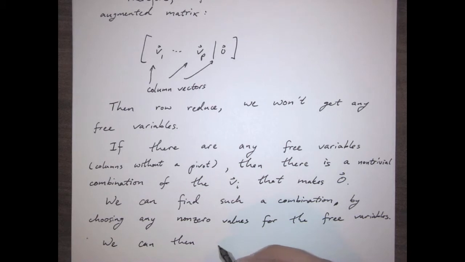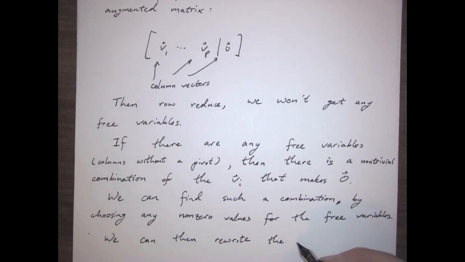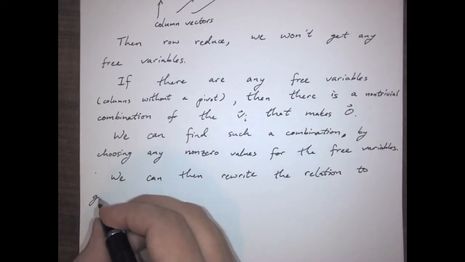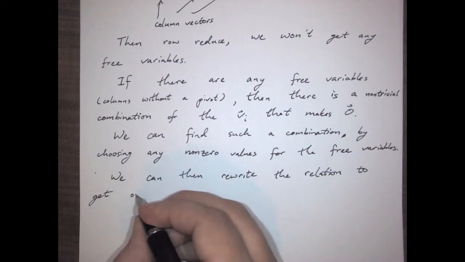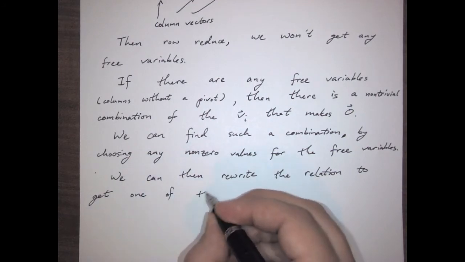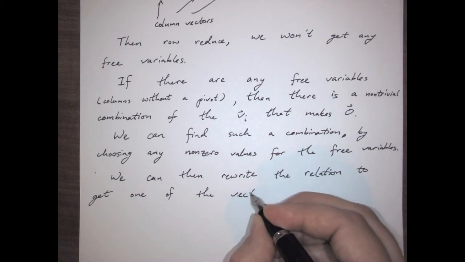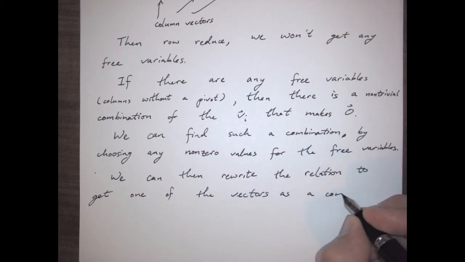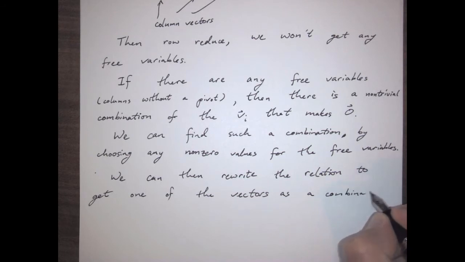We can then rewrite the relation to get one of the vectors as a combination of the others.